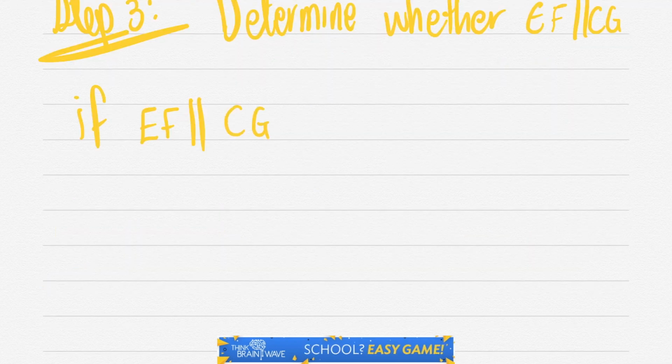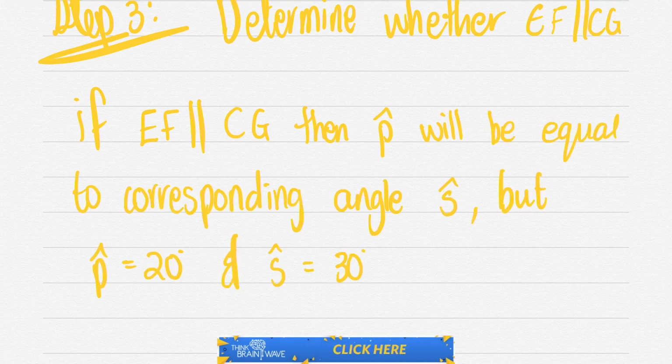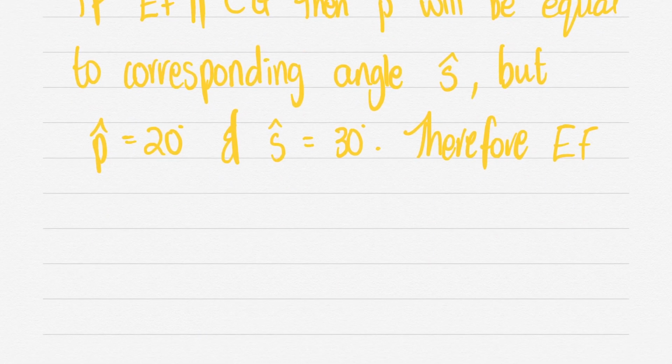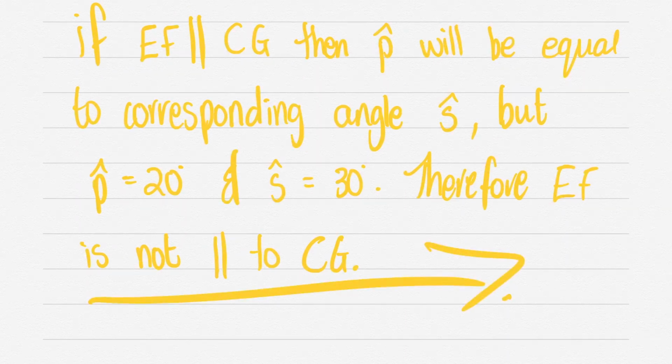Right, if EF is parallel to CG, then P as an angle will be equal to corresponding angle S, but P is equal to 20 and S is equal to 30. Therefore, EF is not parallel to CG. And there we have it. Easy game.